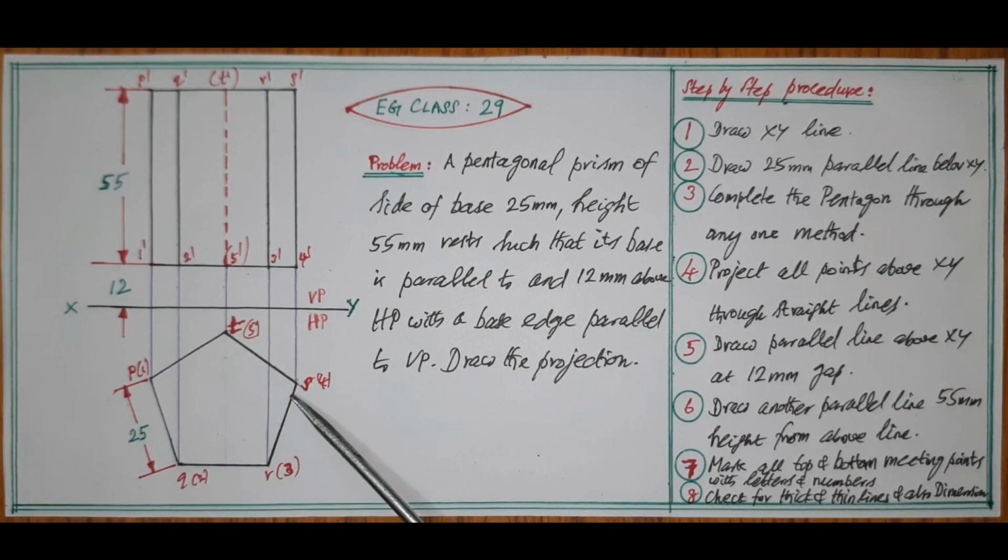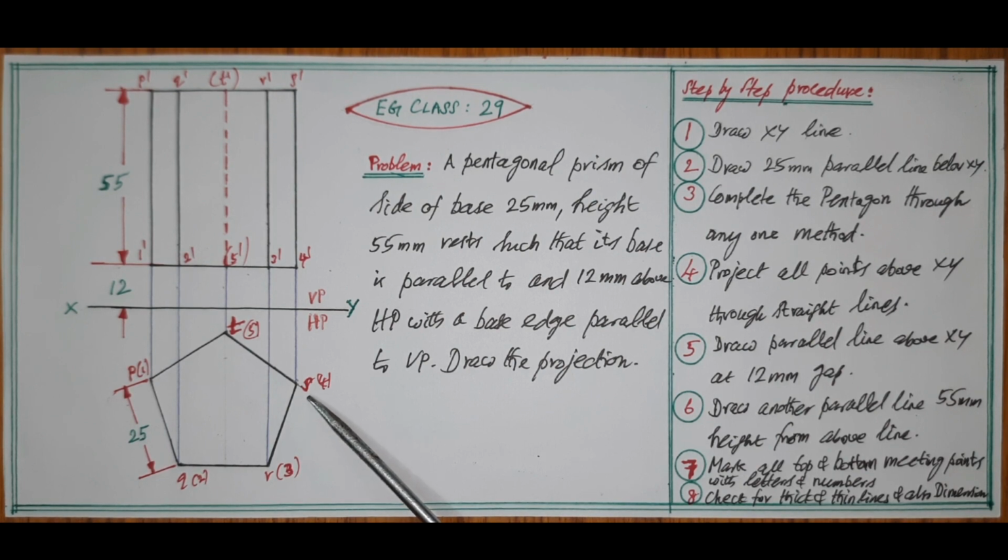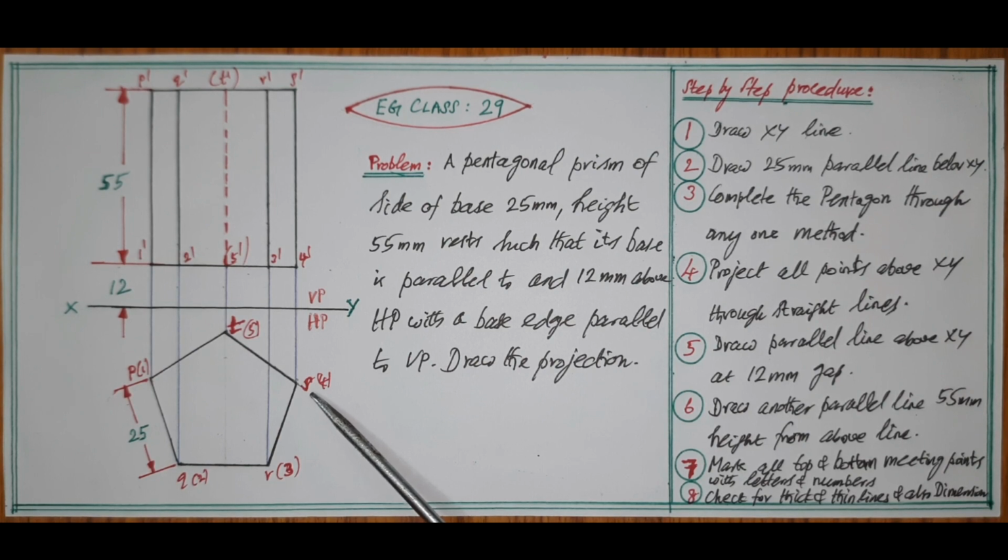All other drawing procedure may be followed through any one method and complete the top view on HP as shown. For this, the methods of drawing from the previous video class number 3 of this channel may be referred to if necessary.